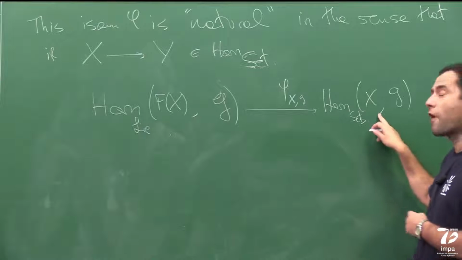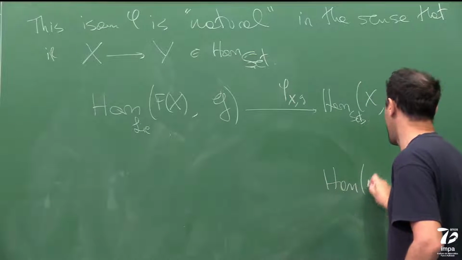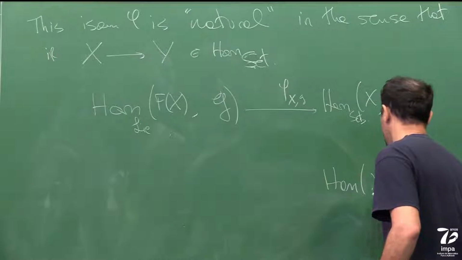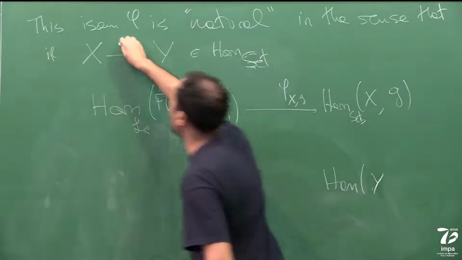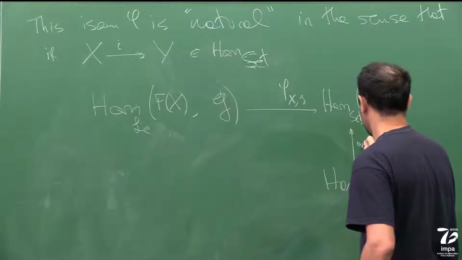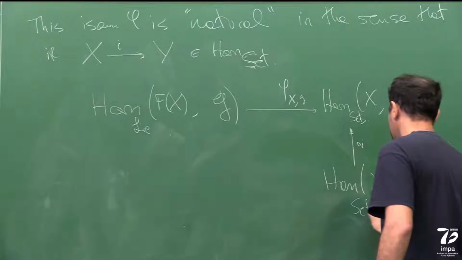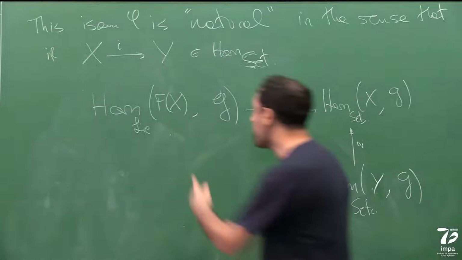Now, hom is a contravariant functor. So you have a map I from X to Y, and this is the composition with I. This is in the category of sets. And F is a functor.